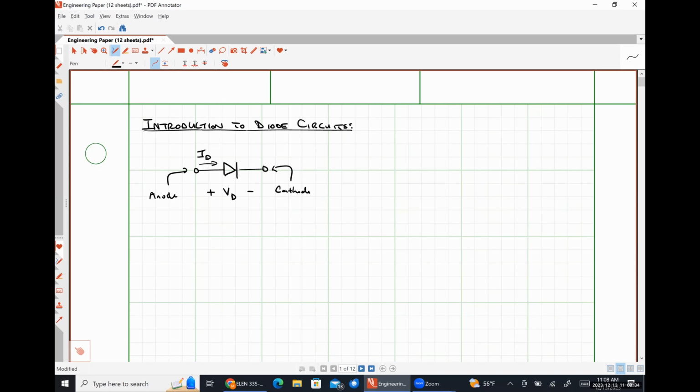And the first model that we are going to use in our diode circuits is the Shockley or the exponential diode model. The Shockley or exponential diode model is as follows.